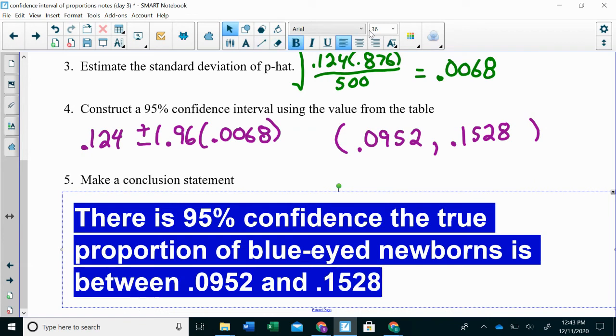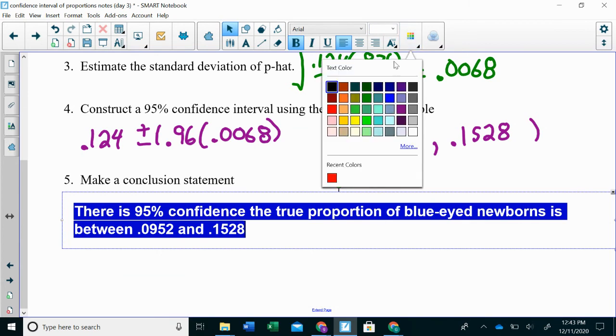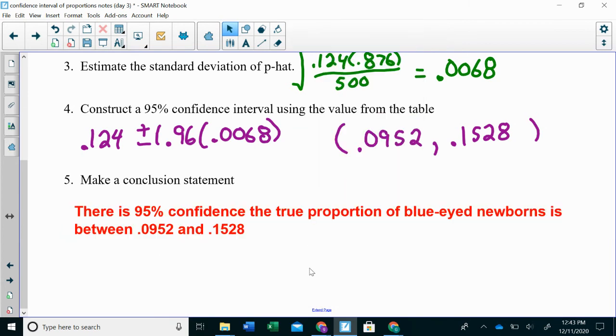I'll bold that. I'm going to make it a little bit smaller so it's not taking up quite so much space, and then turn it red. So there's our confidence statement.